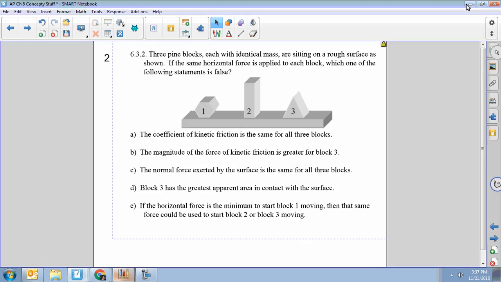And then if the static is greater than 300, or wait, okay, so the answer is the box doesn't move.